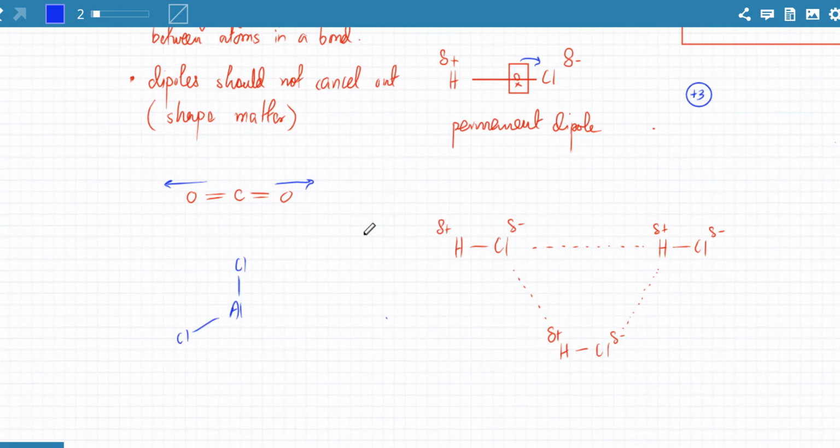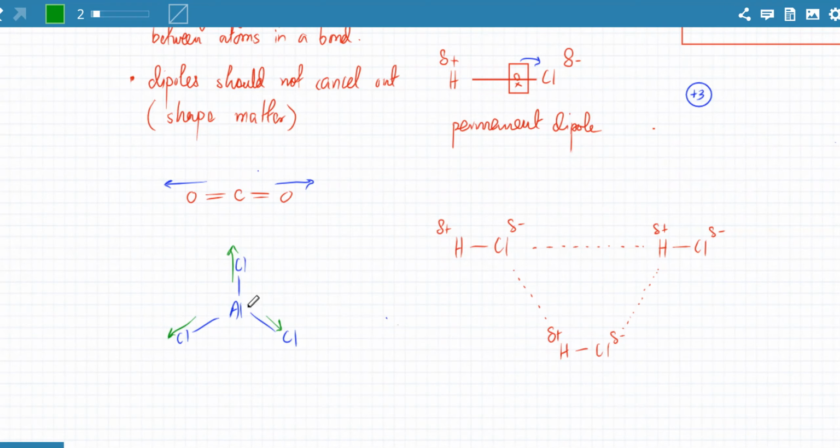But it's like a fan, and all the Cls are pointing in opposite directions, right? So again, Cl would be trying to pull electrons, but the electrons will remain equally distributed. They're going to get cancelled out.